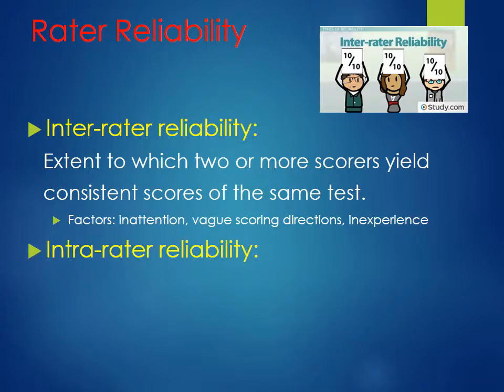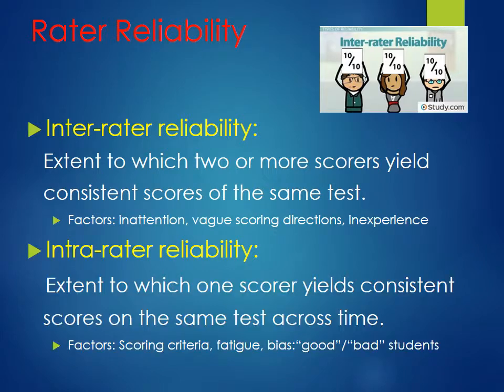The other type of rater reliability is intra-rater reliability. And this has to do with the consistency of scoring across time by one teacher or one grader. This is often an issue when we are grading writing assessments that take a long time, and we may be fresh at the beginning of our grading session, but may be fatigued by the end, and this could potentially affect our evaluation.